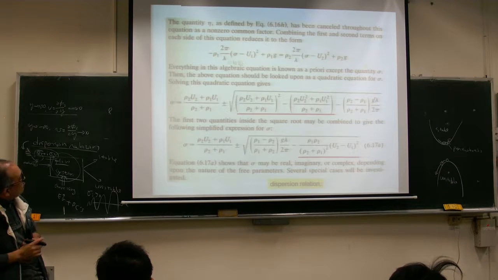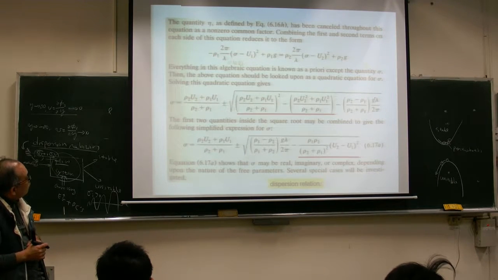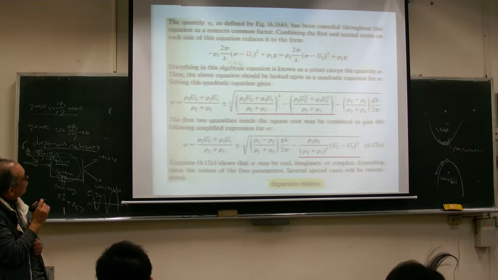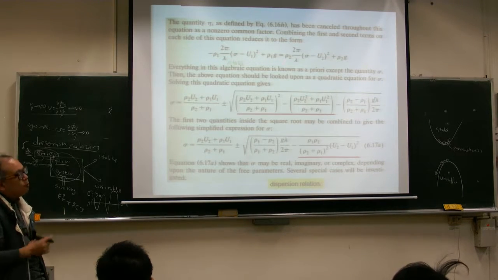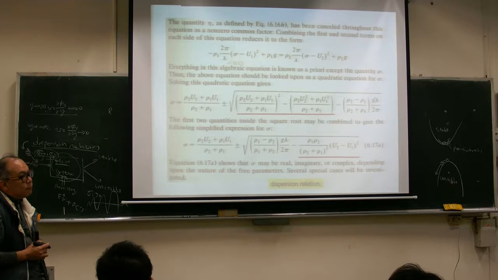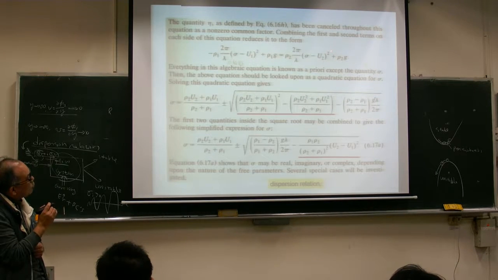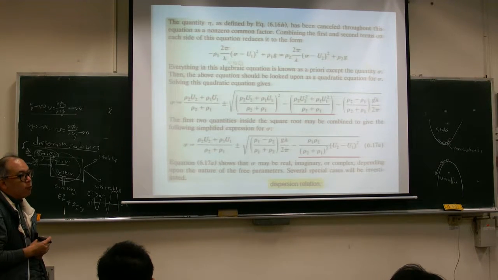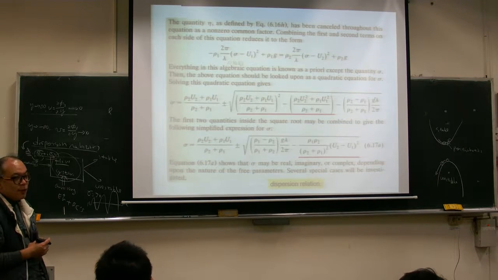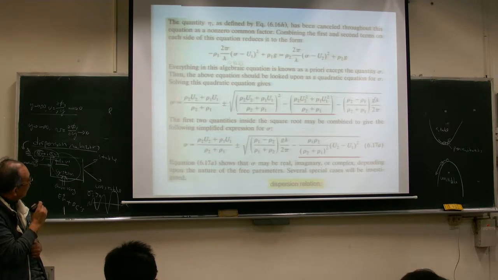After simplifying the equation, here is sigma in a second order polynomial. We have sigma squared, so we can use the solution for a second order polynomial. 多项式的二次式，对不对？2a 分之负 b 加减根号 b 平方减 4ac.